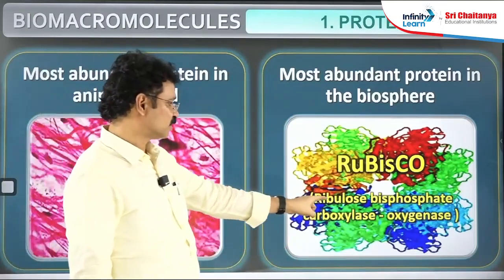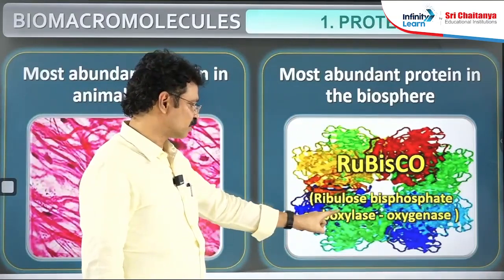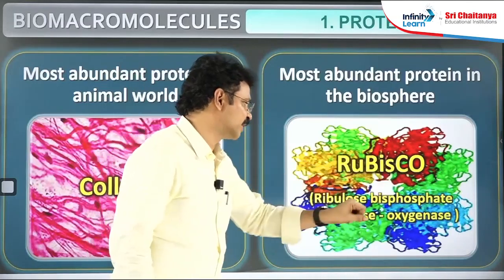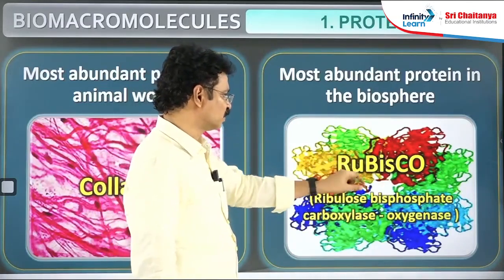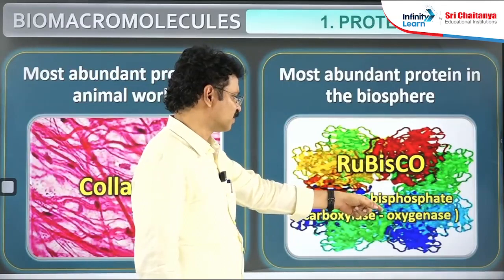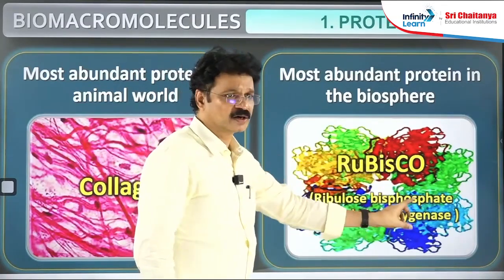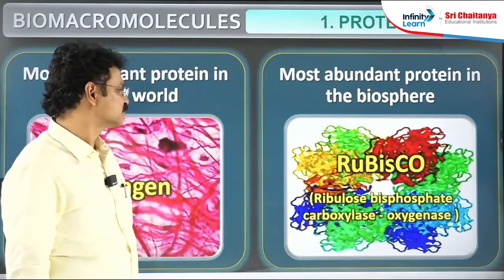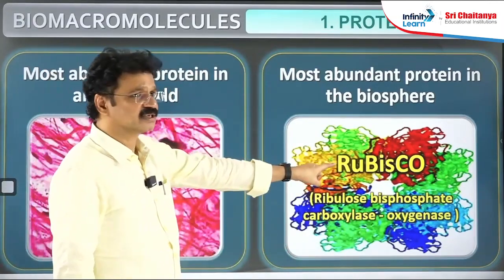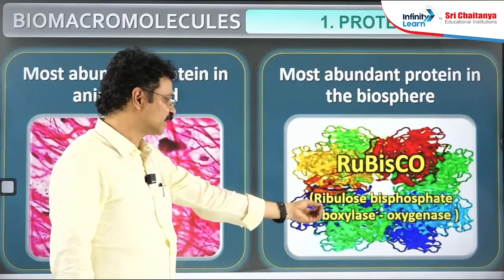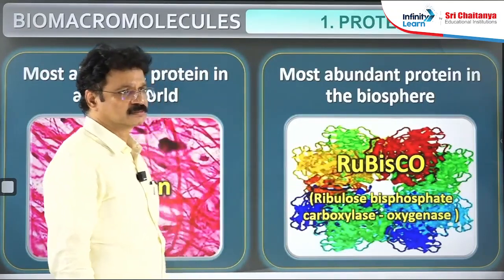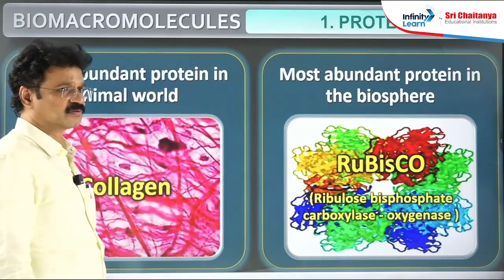Full form of rubisco: ribulose bisphosphate carboxylase and oxygenase. RU for ribulose, BIS for bisphosphate, C for carboxylase and O for oxygenase. This enzyme is essential for photosynthesis and hence it is present in the chloroplast, in the dark reaction of the chloroplast. Good.